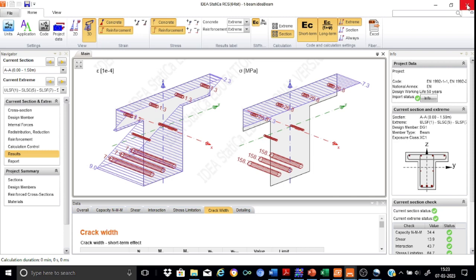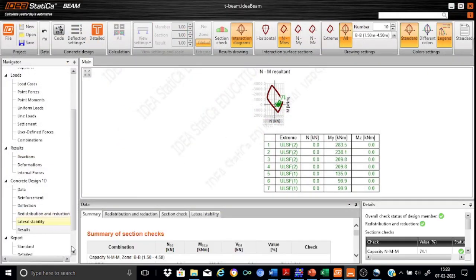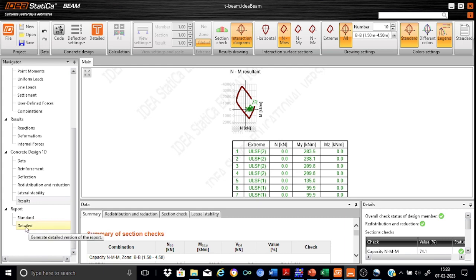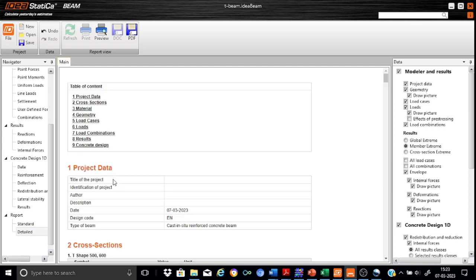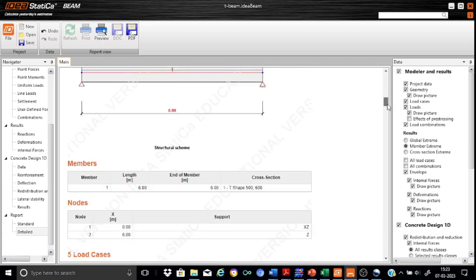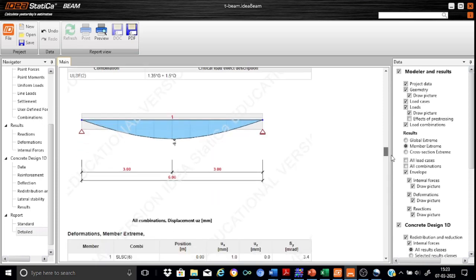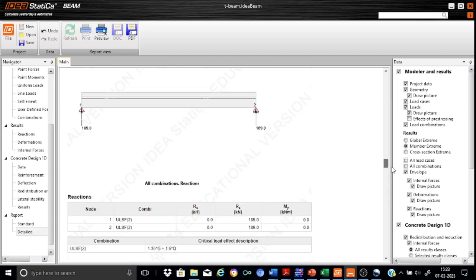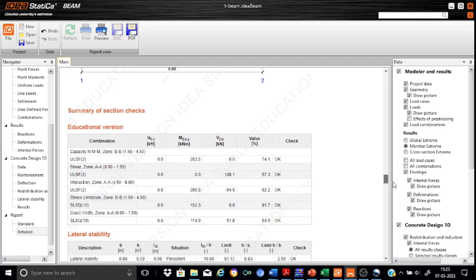So let's just close this. As usual, what you can do is that you can also go for the results. Suppose that you are interested in a detailed output, you can press the detailed button. As you can see, IDEA StatiCa is writing the report. It provides you all the things, for example, the section properties, all the loading diagrams, the internal bending diagram, deflection, everything. It provides you the detailed checks associated with the various parts AA and BB.